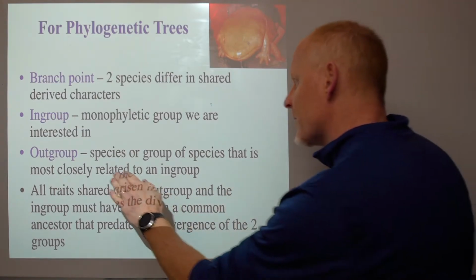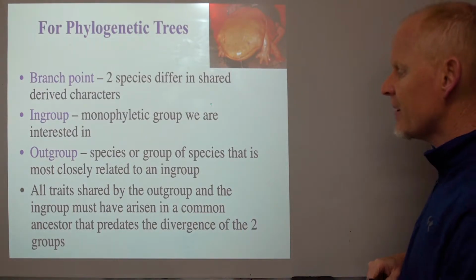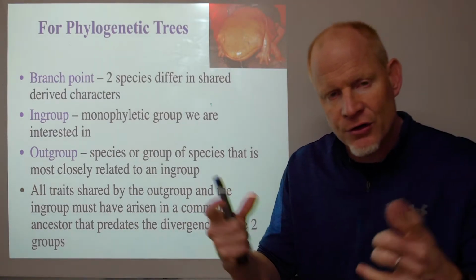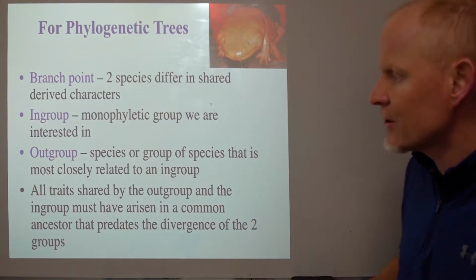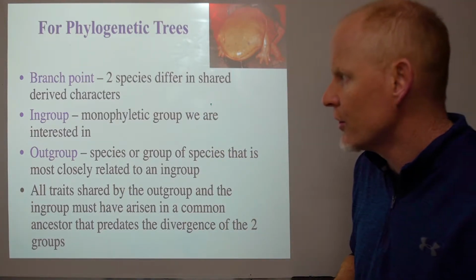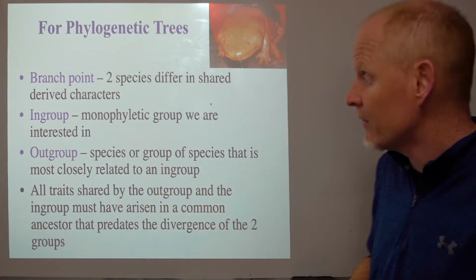And again, outgroups are really important because they root the tree. All traits shared by an outgroup and the ingroup must have arisen in a common ancestor that predates the divergence of the two. And you utilize those outgroups to figure out what's ancestral within your grouping, or what I'm calling a clade. A clade is a true evolutionary group of organisms.